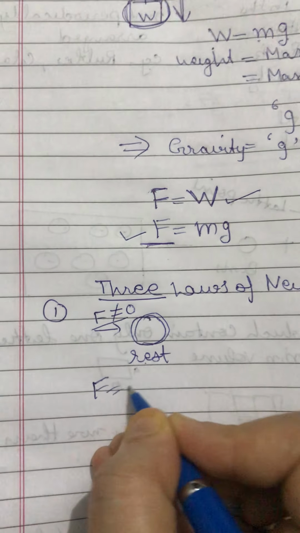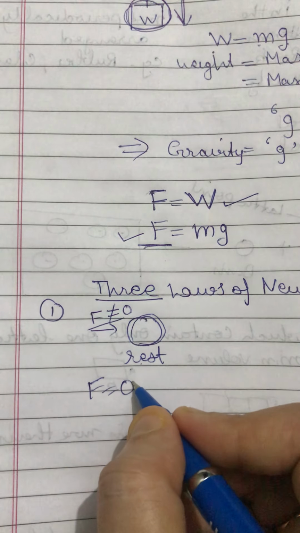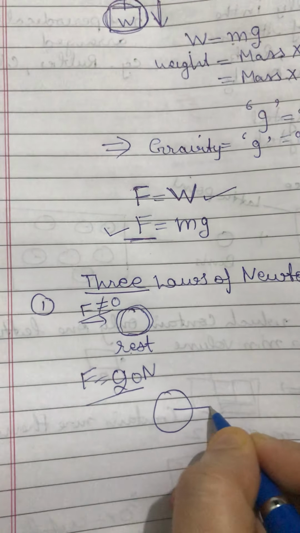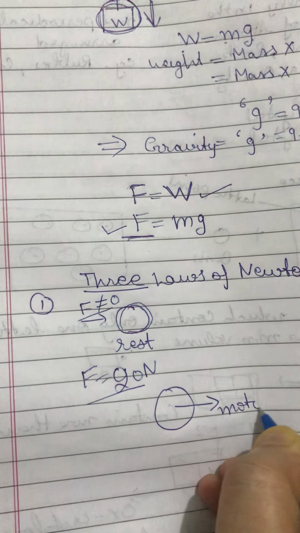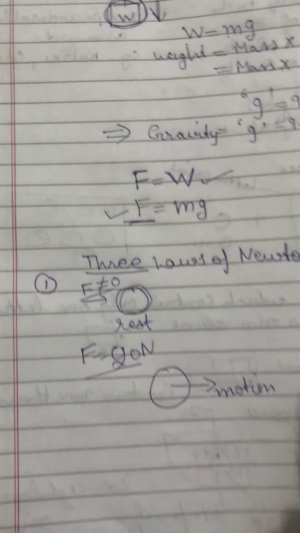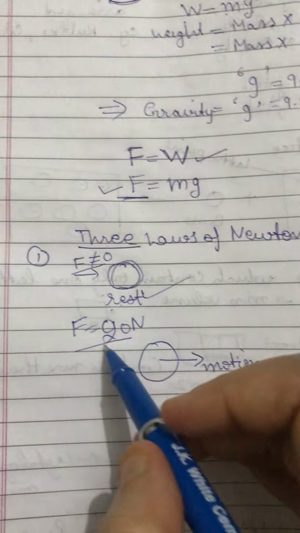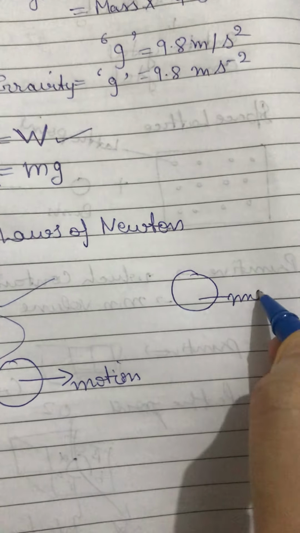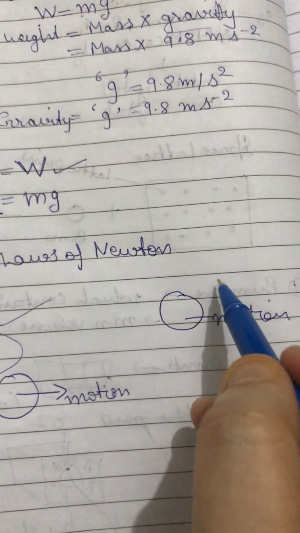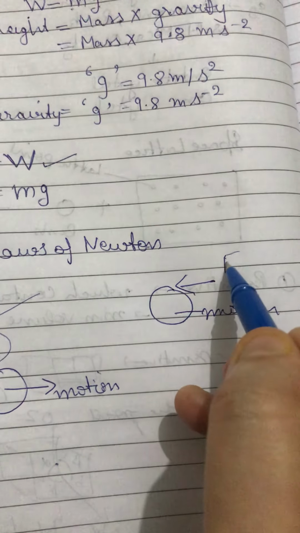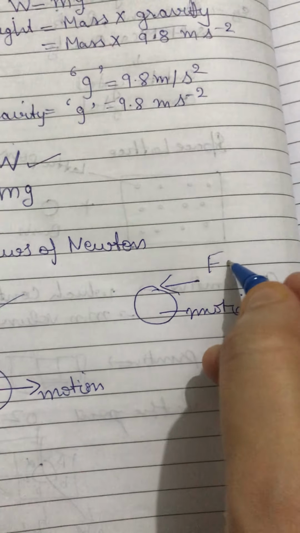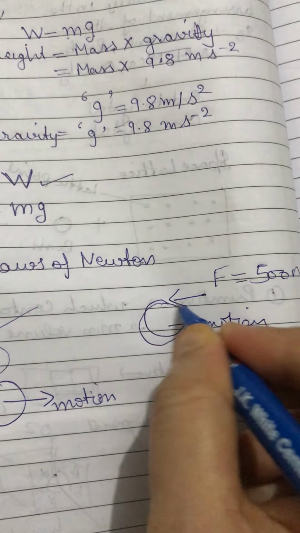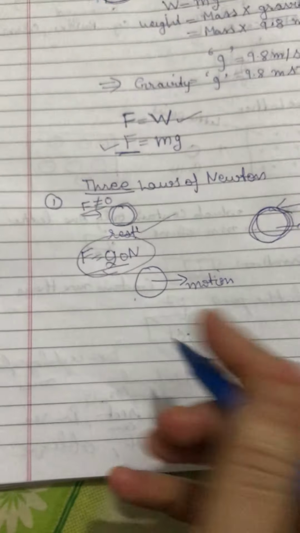If we apply a force, say 20 Newton, on this object, it starts moving. So a body at rest remains at rest unless we apply any external force. A body in motion remains in motion unless we apply any force to stop it, for example you can say 500 Newton to stop this object. So this is Newton's first law.